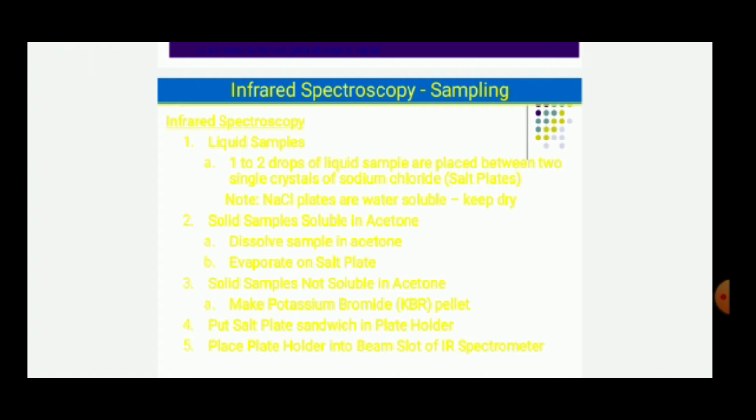Your sample is crushed with KBr at a ratio of 1:100, one part sample to 100 parts KBr. These are taken in a mortar and pestle and crushed into a fine powder. Then, using a pellet maker, a pellet is made of that sample. That is a solid sample.